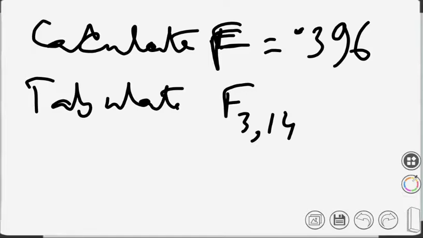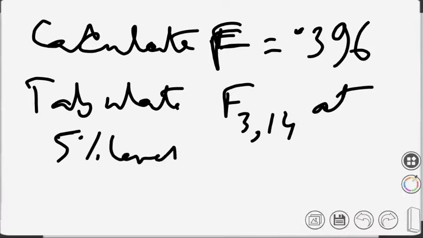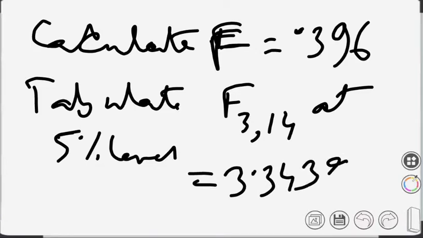Look at the table that I have provided and find out the value. 3, 14 at 5% level of significance, the value is 3.3439.